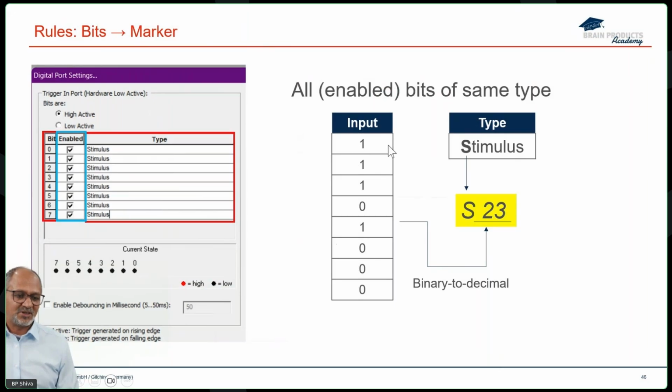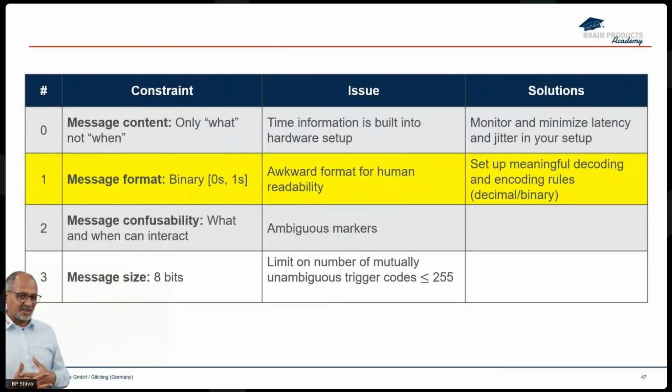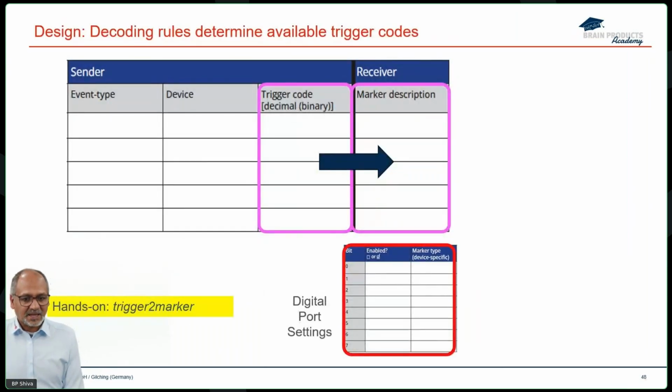So from this binary string, you get a human readable, convenient marker, S23. To summarize all this, even though binary is an awkward format for human readability, it's very crucial to tame this by setting up meaningful decoding and encoding rules. And when you set them up properly, it decides the entire space of inputs and outputs.